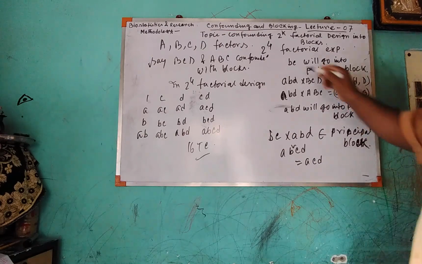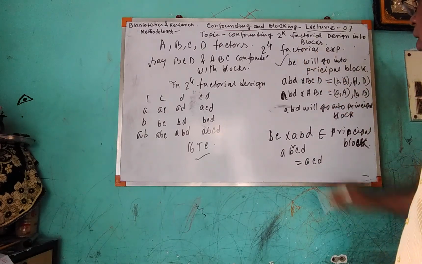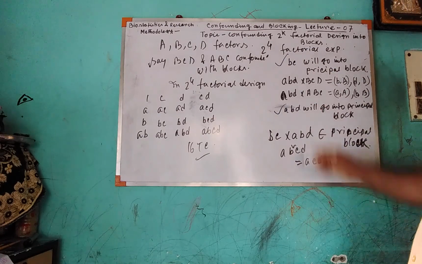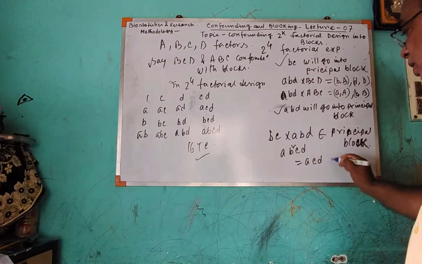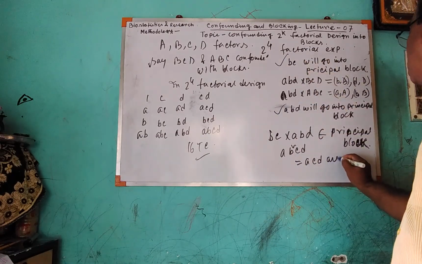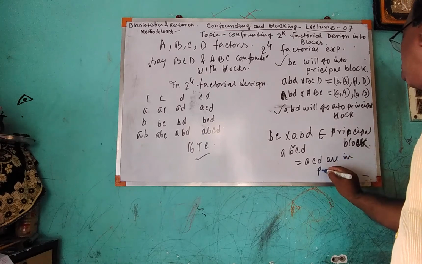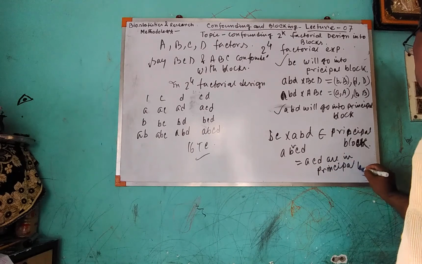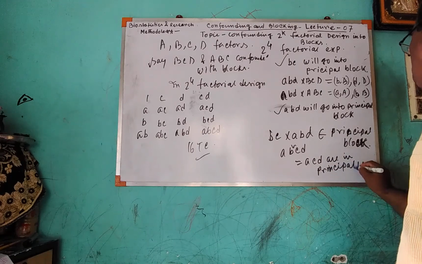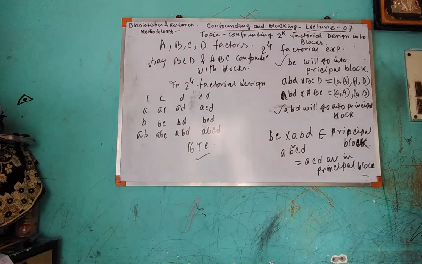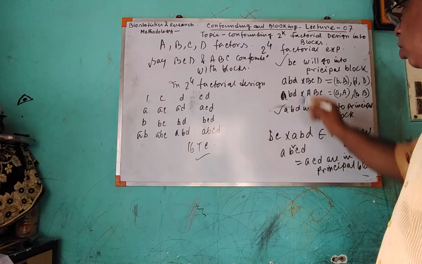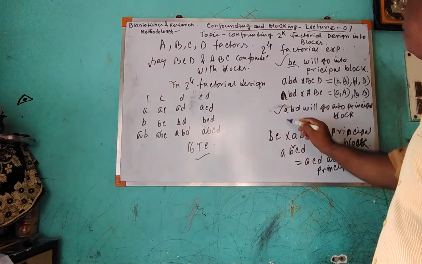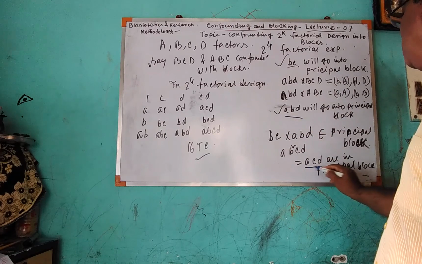We already found that BC is in principal block. ABD are in principal block. Now their product, that is ACD, is in principal block. So now 1 is always in principal block, and BC, ABD and ACD are in it.